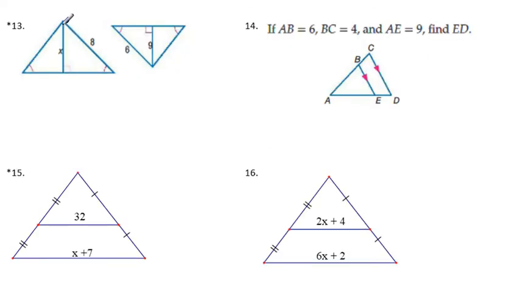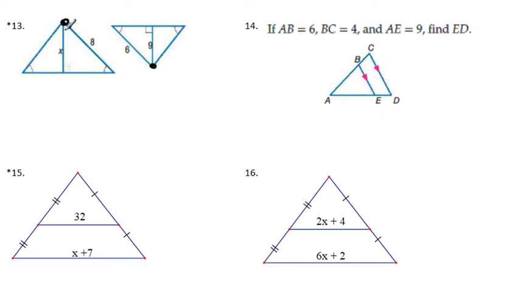Number 13, this is the new stuff. Whenever you have two altitudes in both triangles, and you have two angles in each triangle that are congruent, you're going to have similar triangles. And the reason they're similar will be the angle-angle similarity.